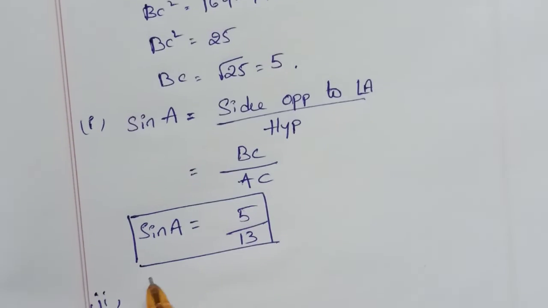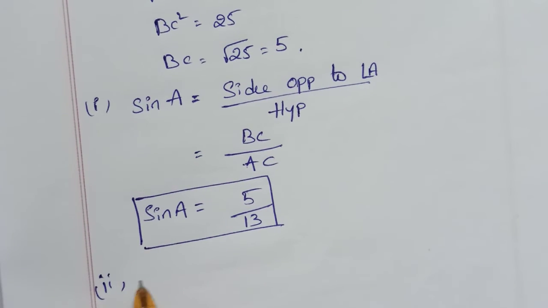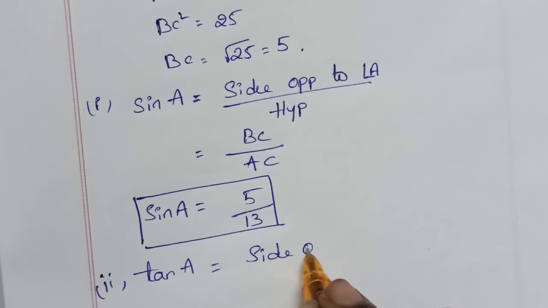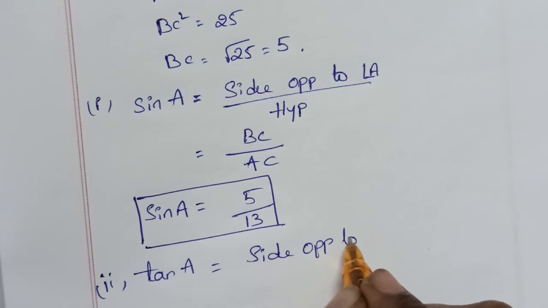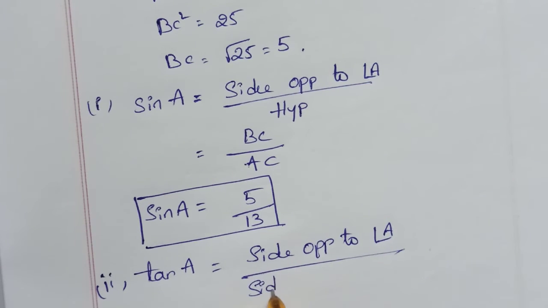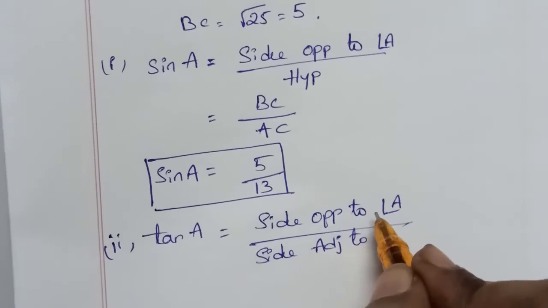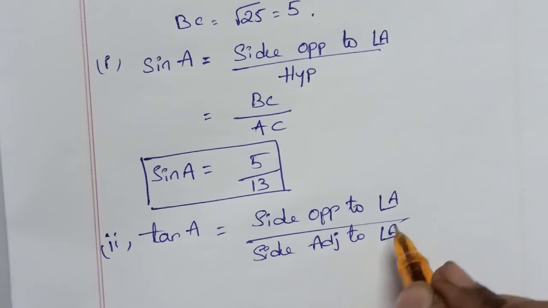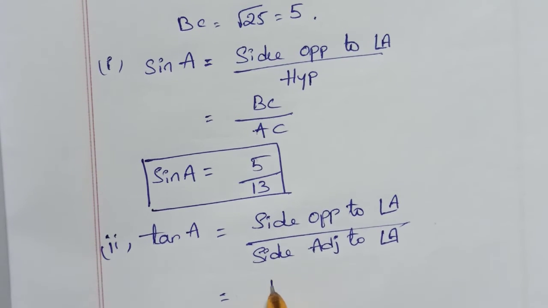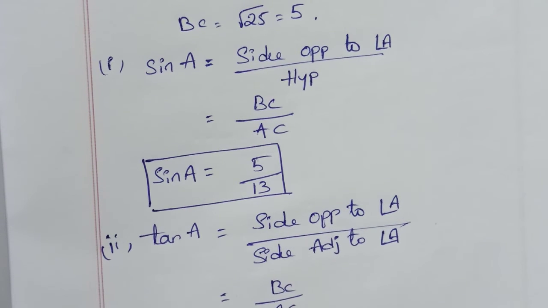Now we find the value of tan A. Side opposite to angle A by side adjacent to angle A. BC by AB.